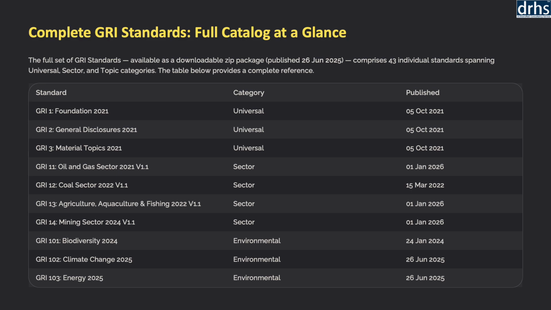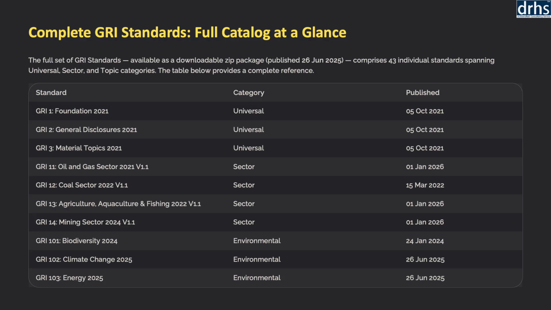Their inclusion in the catalog underscores the dynamic nature of GRI, continuously updated to align with international sustainability agendas and regulatory developments. The catalog format itself enhances accessibility and navigability, allowing stakeholders to quickly identify relevant standards and their publication timelines.